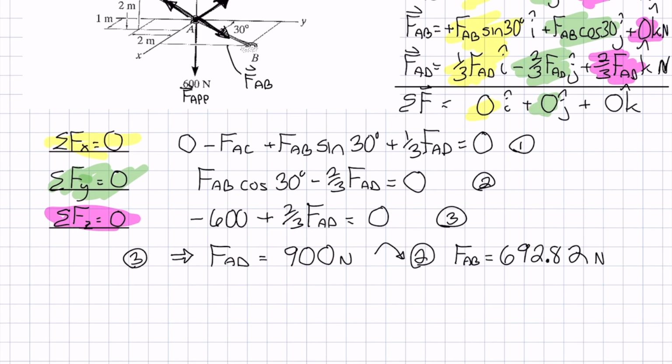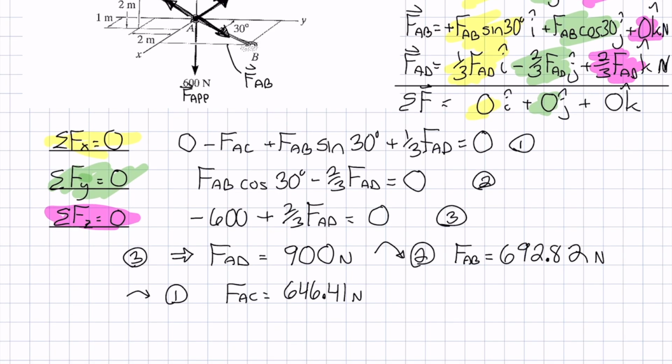And then I can take both of these and plug them into equation 1 and solve for F_AC. I get that F_AC is about 646.41 newtons.